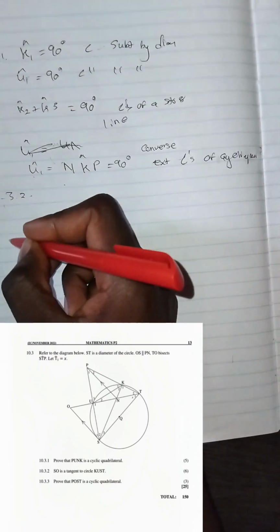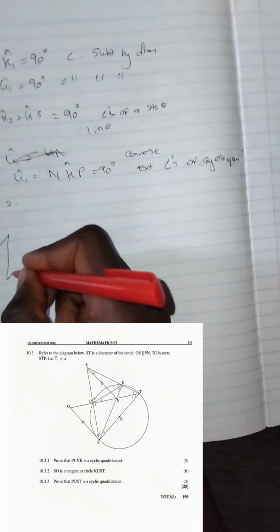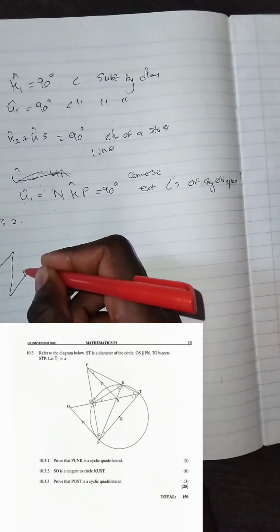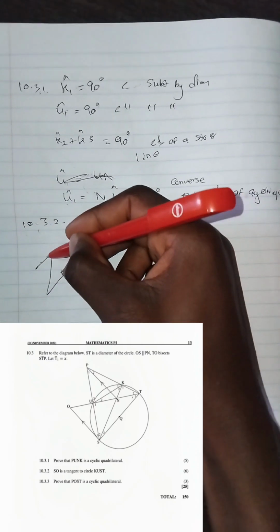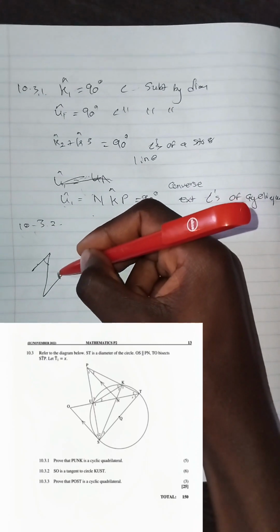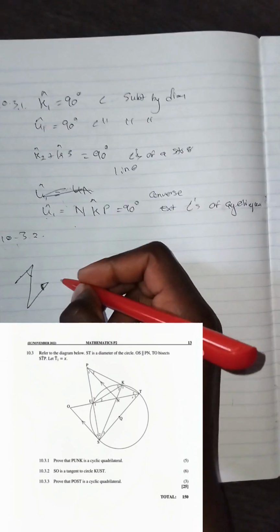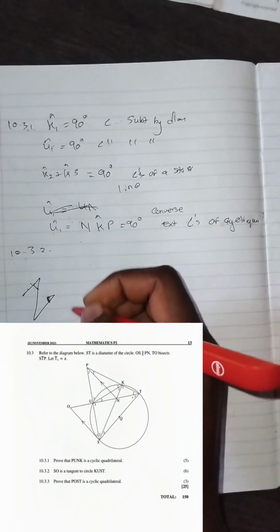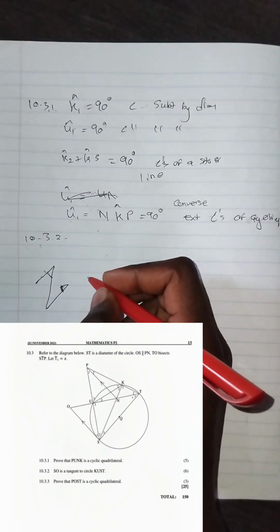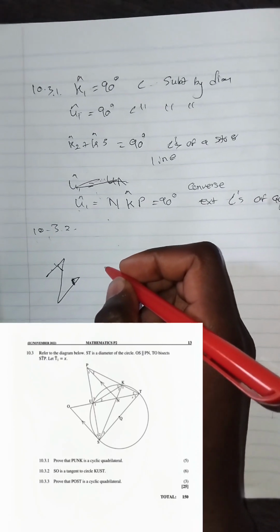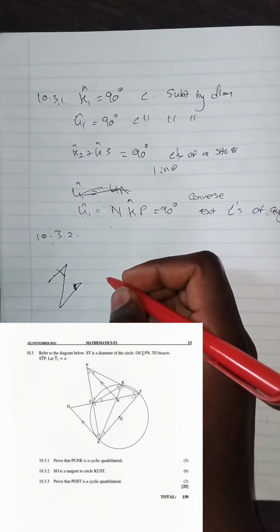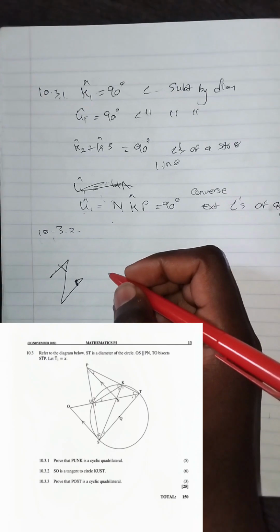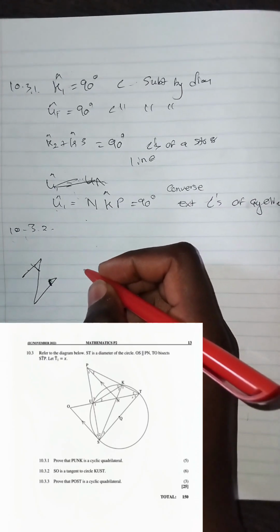If you remember from a previous video, this is how you know you are dealing with a tangent: this angle is equal to this angle. If that angle is equal to that angle, that's a tangent. So that's what we must prove here: you must prove that O1 is equal to x.